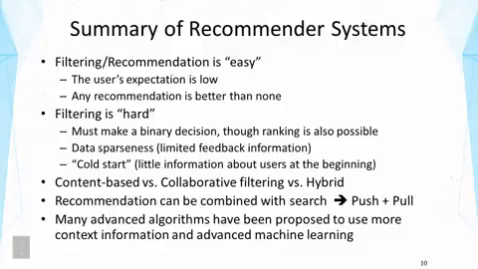And this is an active research area, so there are a lot of new algorithms being proposed all the time. In particular, those new algorithms tend to use a lot of context information. The context here could be the context of the user, but it could also be the context of documents or items.